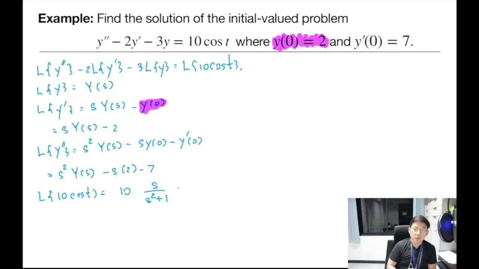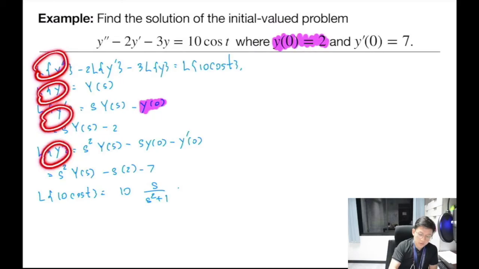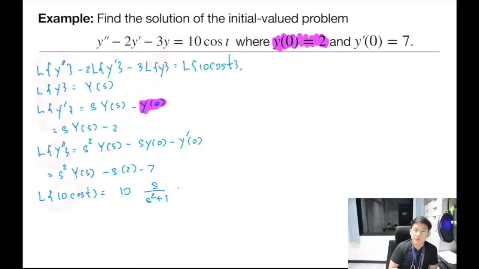And then we put all these things into the equation.